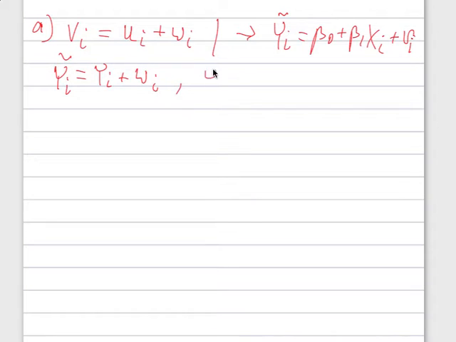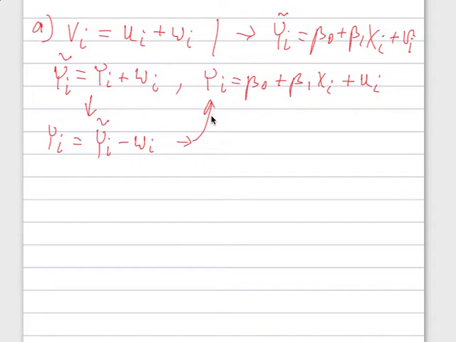And we also know that the population model, when it's not prone to errors and doesn't have the mismeasured yi, is this formula. We'll use these to show that the composite error consists of error from the original regression and error from measurements.